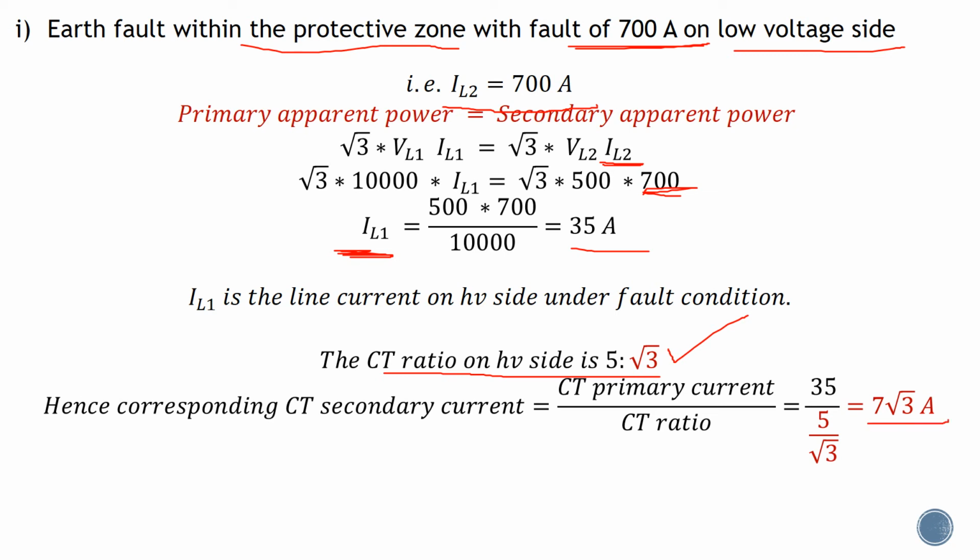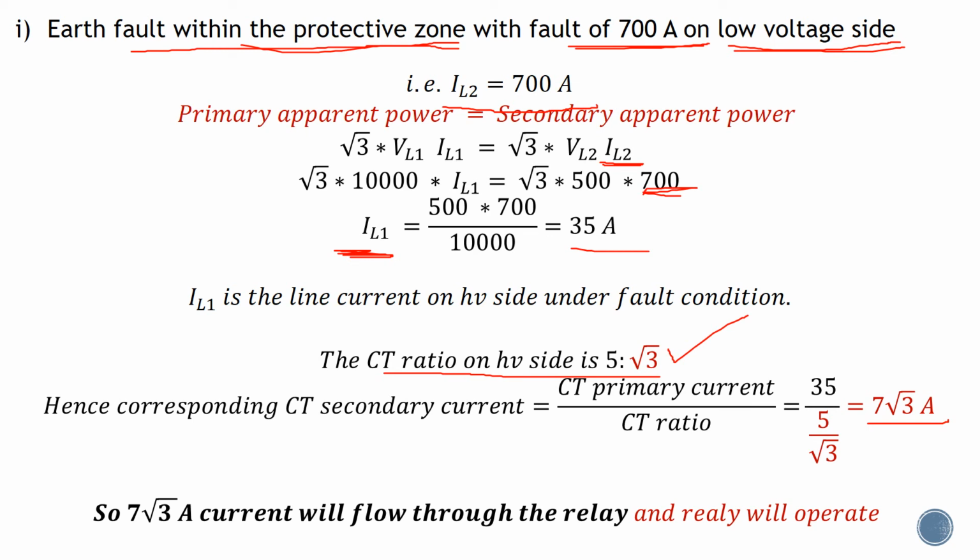This is the CT secondary current which would be flowing into your relay, because since the earth fault has occurred within your protective zone, on the low voltage side no CT secondary current will be flowing, and this whole CT secondary current on your high voltage side will be flowing through the relay, and in this case the relay will operate.